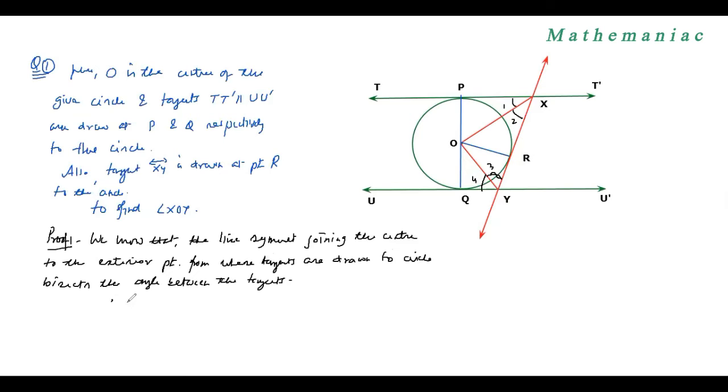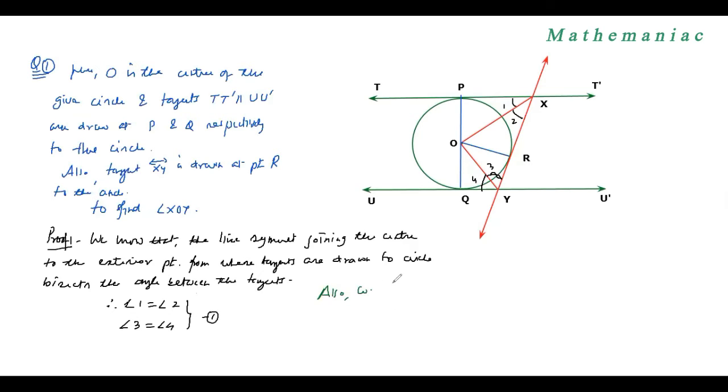Therefore, we can write angle 1 equal to angle 2 and we can write angle 3 equal to angle 4. These are the two implications we can get. Readily we can get these implications. There is no problem at all. Fine. After that also we can write. So I'll write here only.